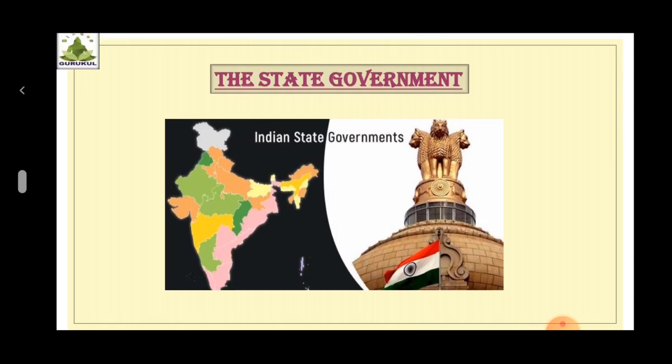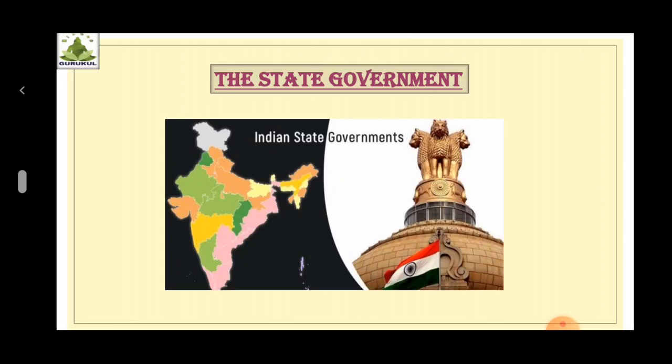Therefore, my dear students, we have the constitution which has adopted a federal setup for India. And it was decided to form the states on the basis of language. Accordingly, linguistic reorganization of states took place.